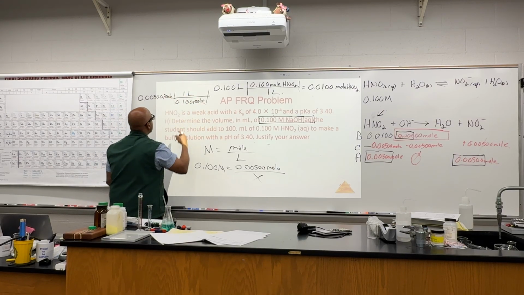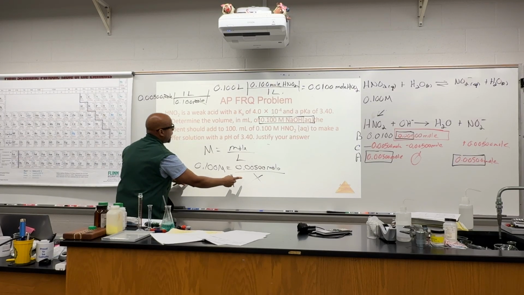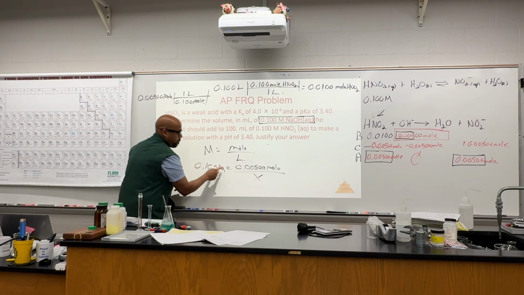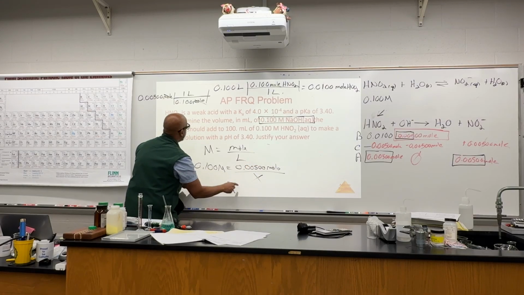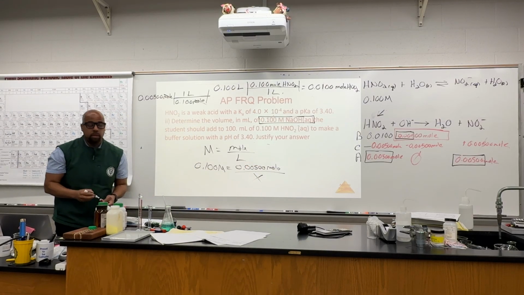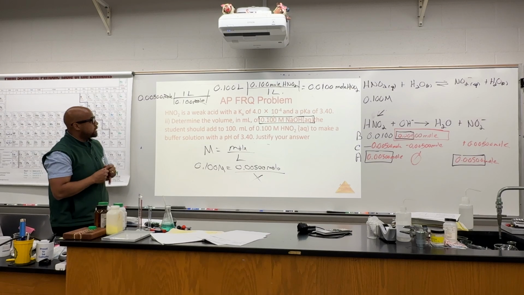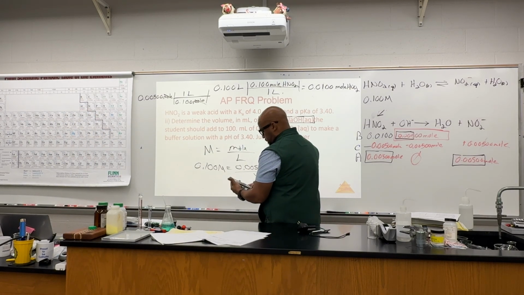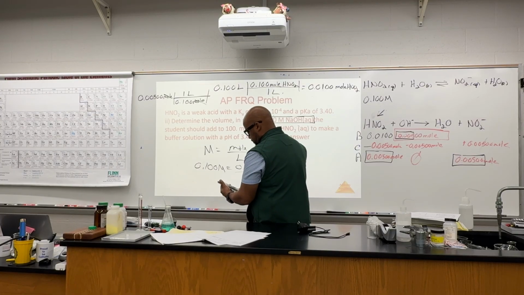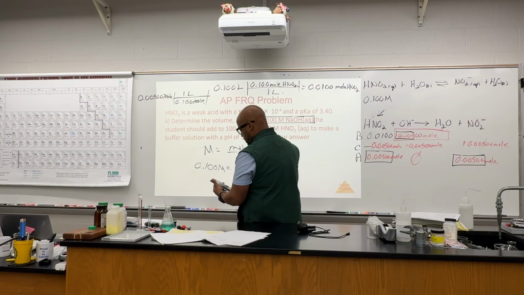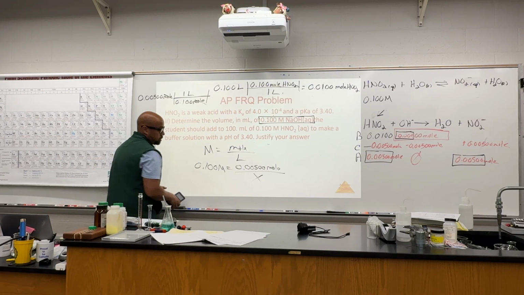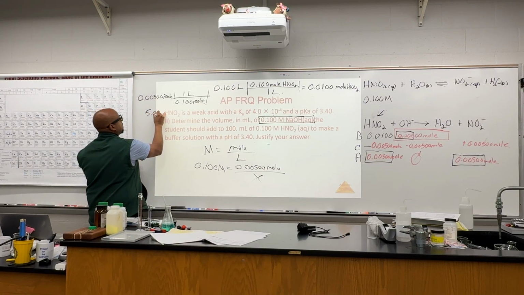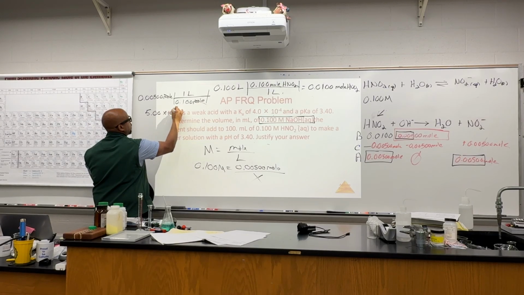Moles will cancel out, and when I solve this, it's going to end up being this number divided by the 0.1, and that's exactly what I got right here. And once I plug this into my calculator, I get 5.00 times 10 to the negative 4 liters.